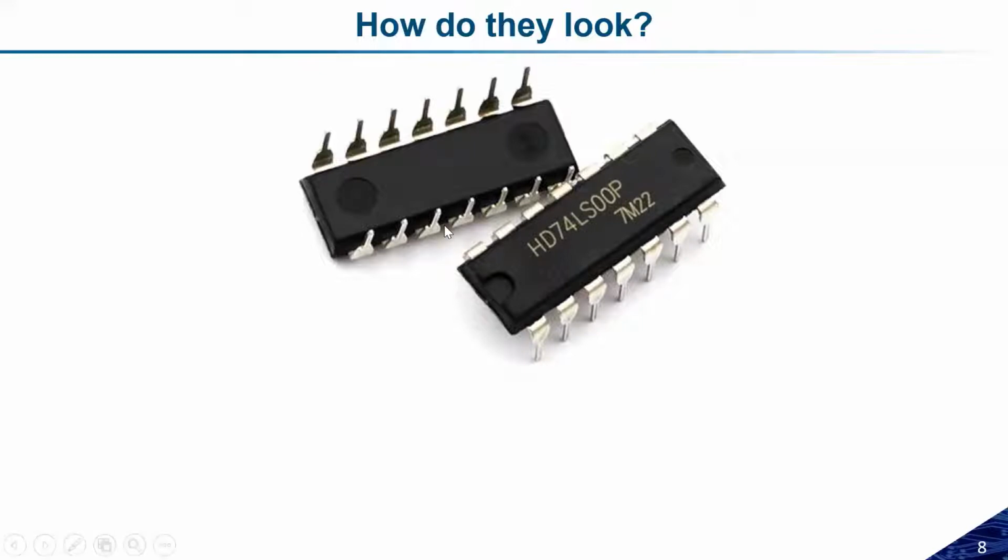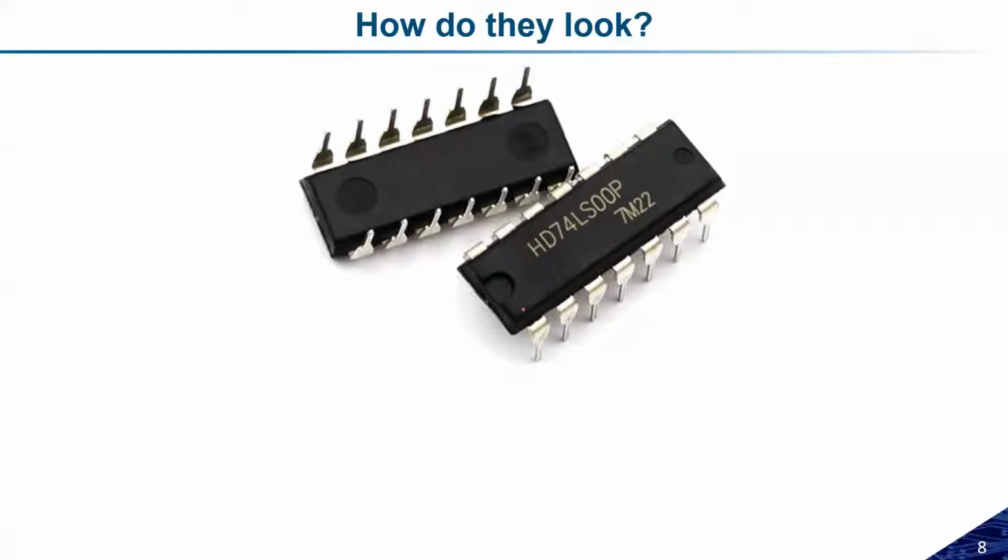There is also one more difference here: there is a cut. What does this cut indicate? So let us try to understand one by one the significance of this cut, as well as the numbers written over here.